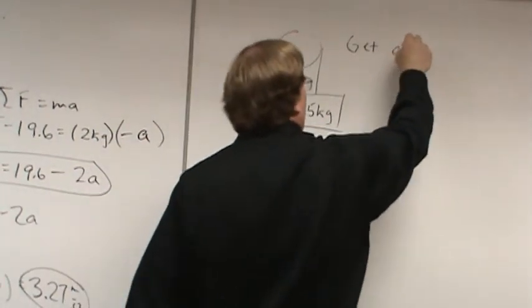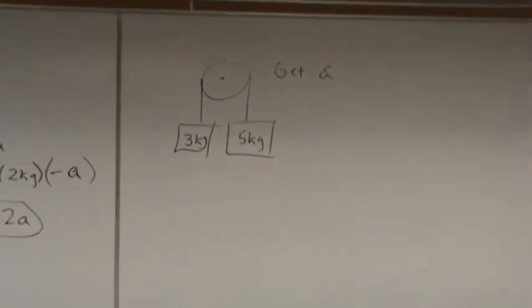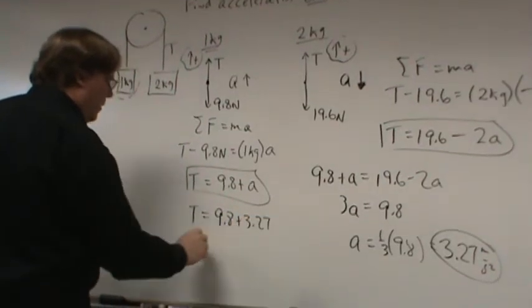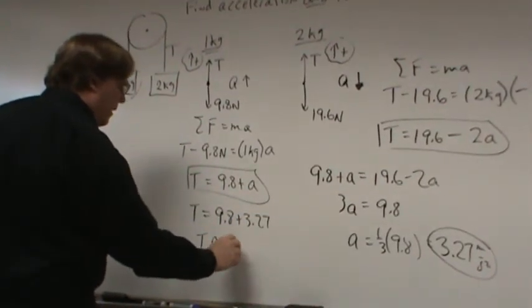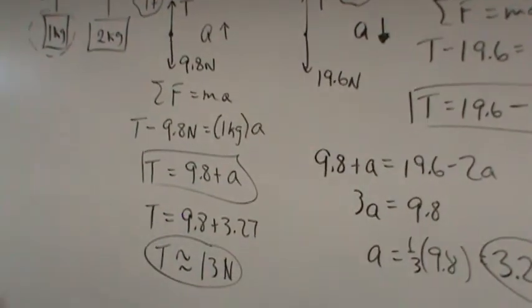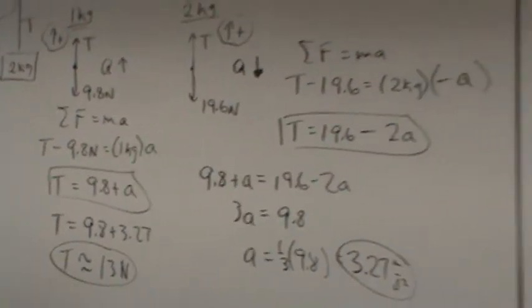Get me the acceleration. Also, I could find the tension. Now that I know acceleration, I just plug into here, right? 9.8 plus 3.27, so my tension is approximately 13. But you've done that one, I just want you to get acceleration. Good luck. Do that problem now.